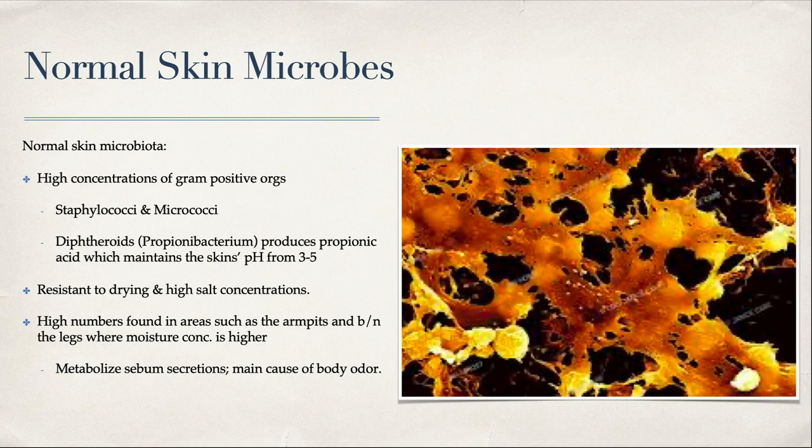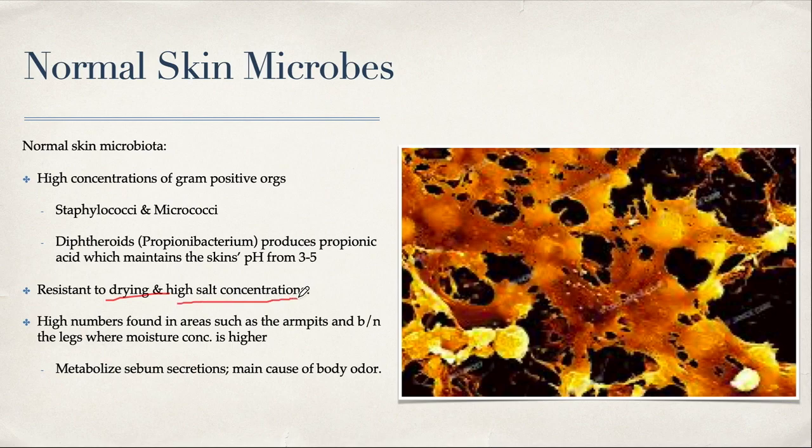So if we look at the normal skin microbes, these are generally gram-positive microorganisms, such as staphylococci and micrococci, that tend to thrive in environments that are dry generally and have high concentrations of salts.